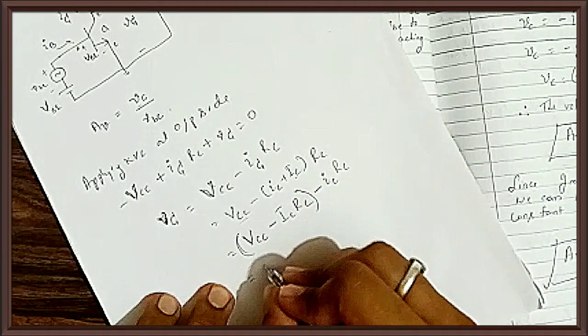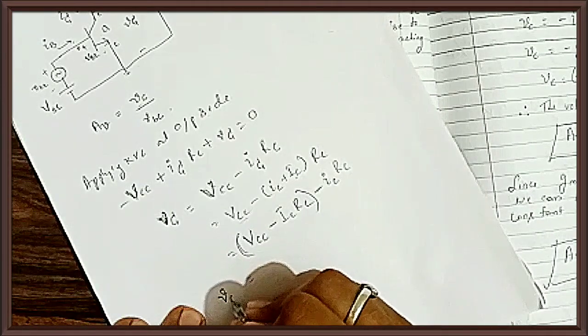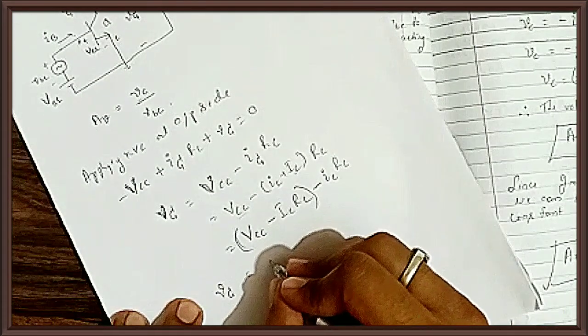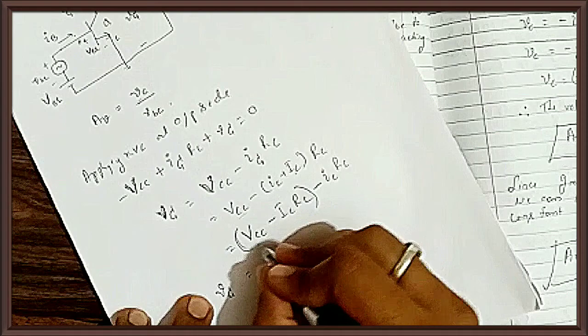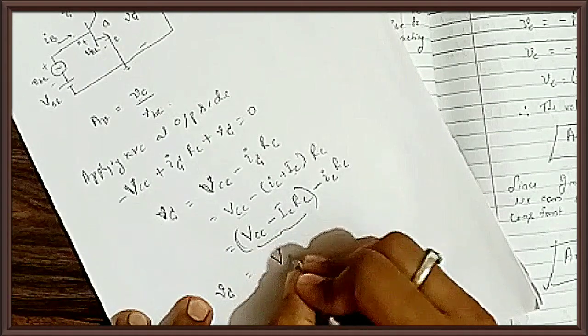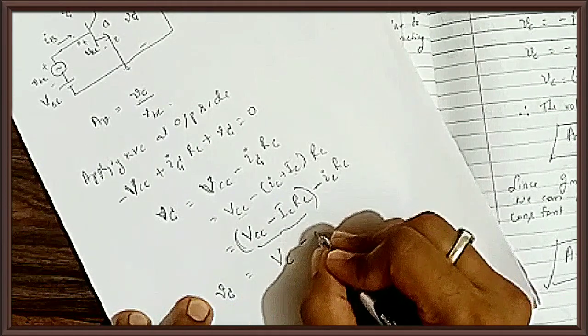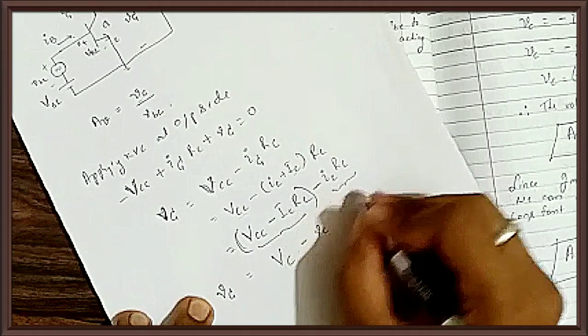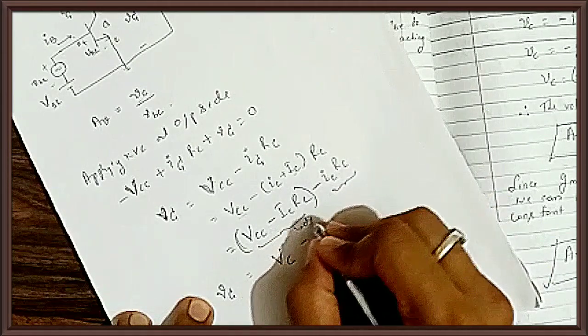So how can I write this? This is small v subscript capital C, that is the instantaneous value of the collector voltage, is equal to, since this is a DC term, capital VC minus small v subscript small c. This is the AC term, small v subscript small c, this is the DC term, and this is the small signal term.